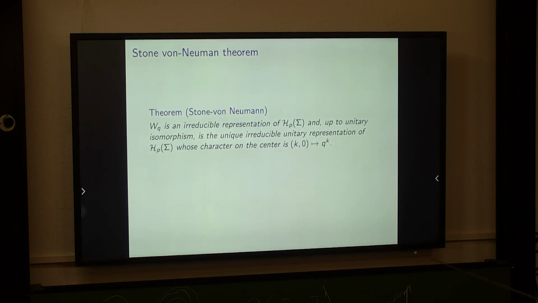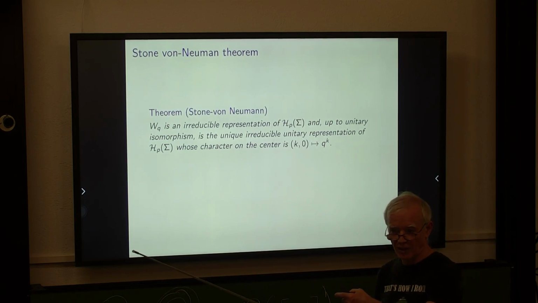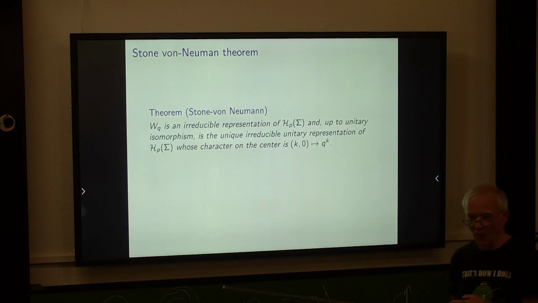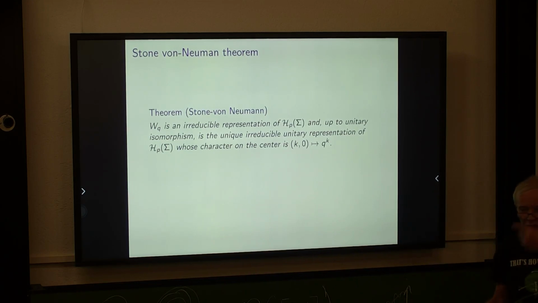The fact that it is unique means that when you compose with an automorphism of Heisenberg, you get up to isomorphism the same representation. So this way, our twisted representation of the mapping class group will act no more by going from one space to another space, but it will act by automorphism.